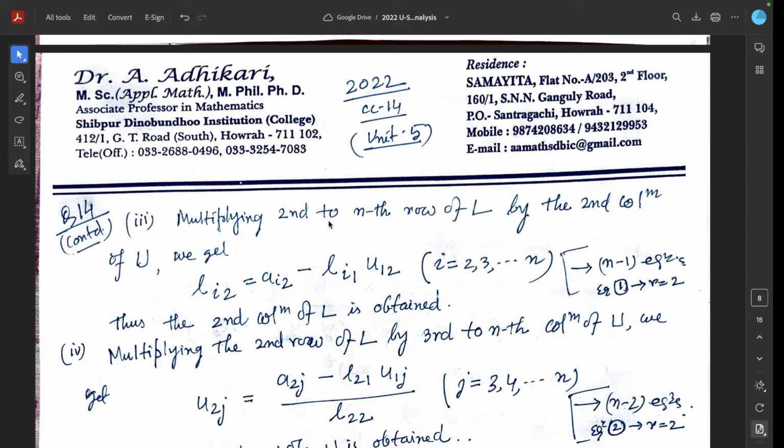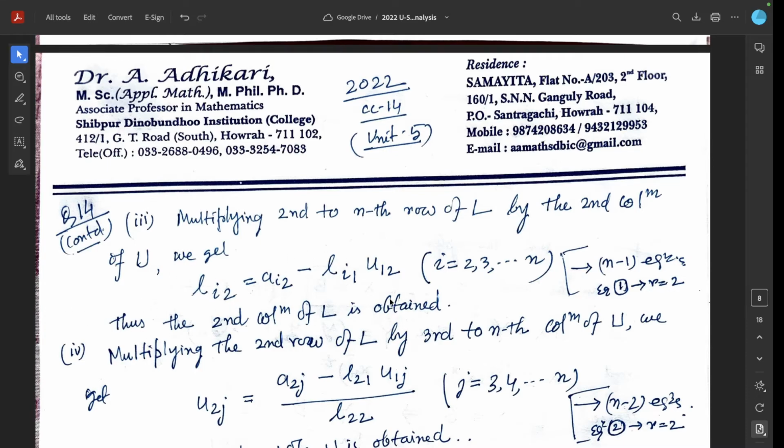Next, multiplying second to nth row of L by the second column of U. Similarly, the second row, third row, fourth row into the second column, we get these equations for i equal to 2, 3 up to n, n minus 1 equations.